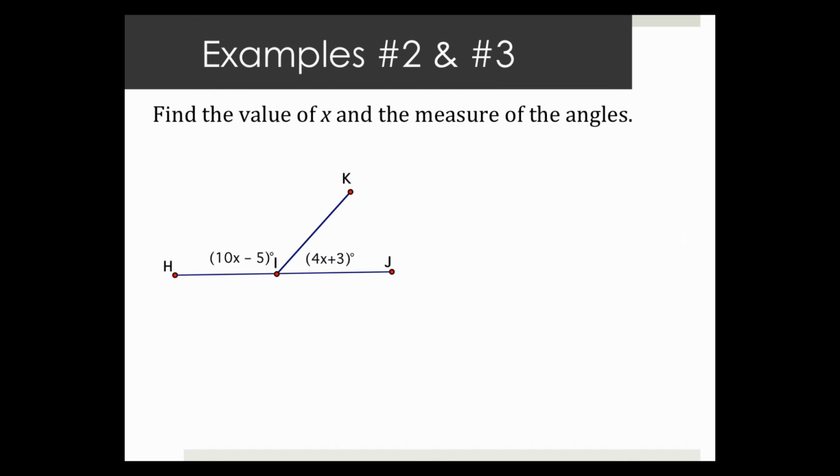Andrew, can you talk while you're working? Well, I just have a quick question for you. What are you doing with those two angles? Adding them together and setting them equal to? 180. Perfect, keep going.